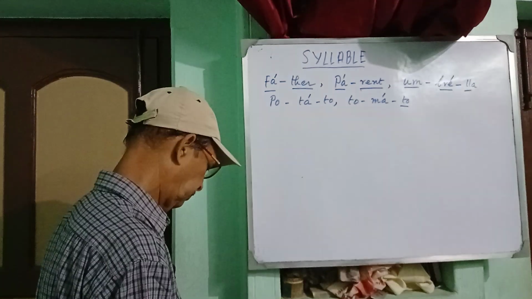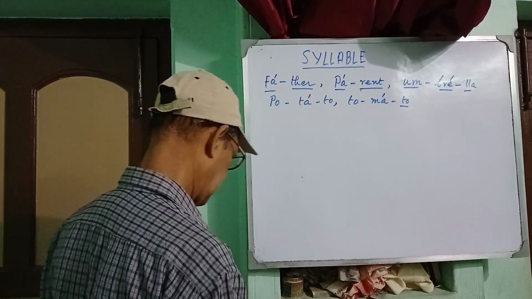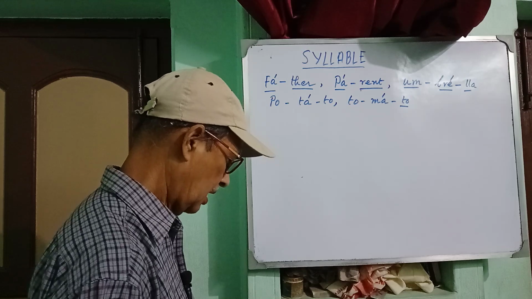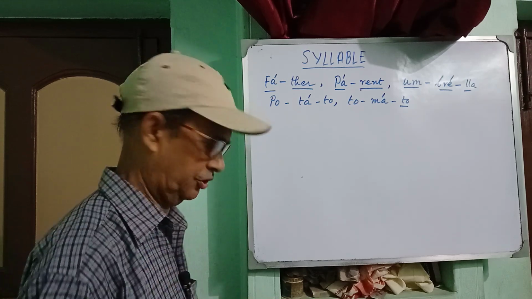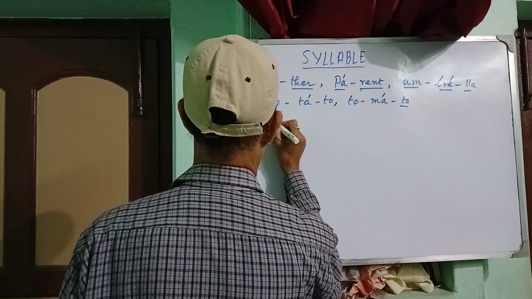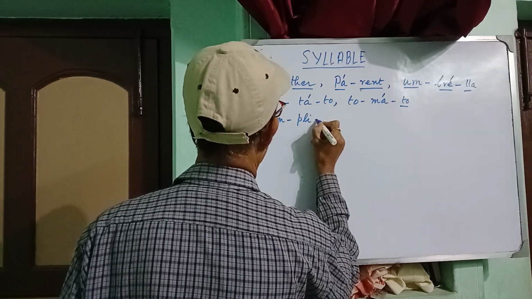For example, complicated, monotonous. Okay? All these are divided into syllables. For example, complicated.